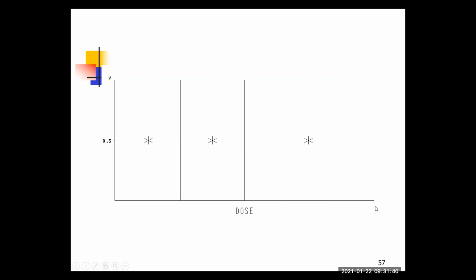So let's call MTD being 1. This is 0.5, this is 0.25. So I keep my high dose as where it should be, and I further cut it to a quarter, I allocate 1 dose below a quarter, 1 dose between a quarter and 1/2. Just keep going down this way.